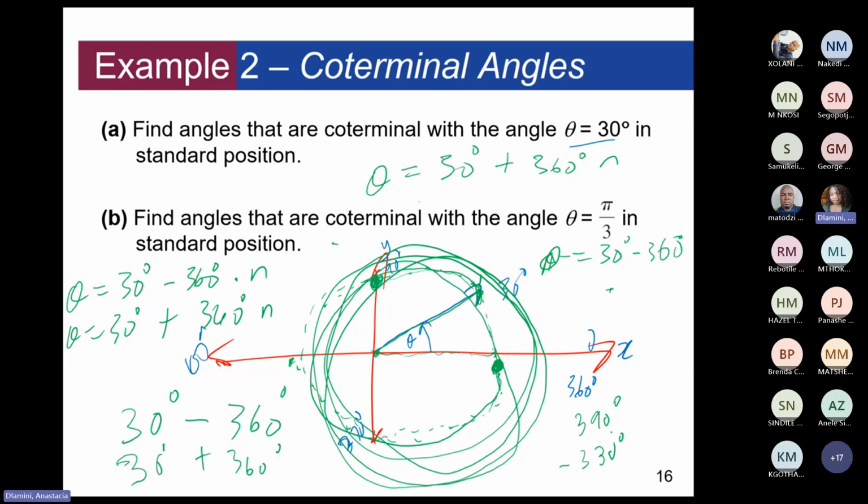It means we find this one. If I choose n to be 1, then it becomes positive, and we find this one. So the general term is this one, or the one with the negative, and n can be positive or negative.